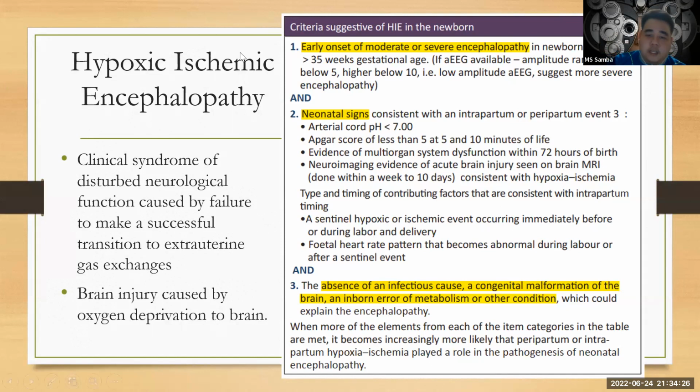There are 3 criteria that need to be met. The first one is a late onset of encephalopathy. The second one is neonatal signs, at least 3 of these 6. And the third one is absence of any other causes.